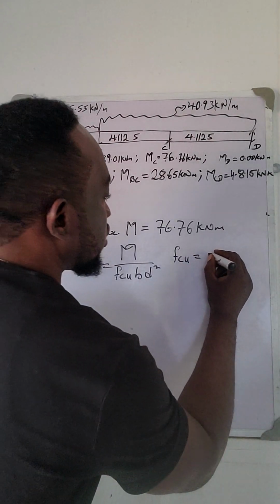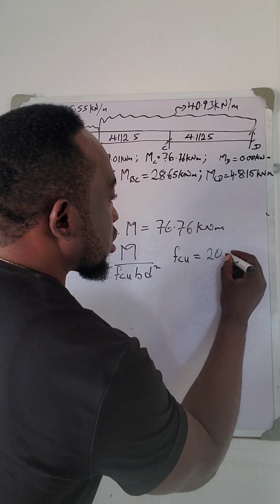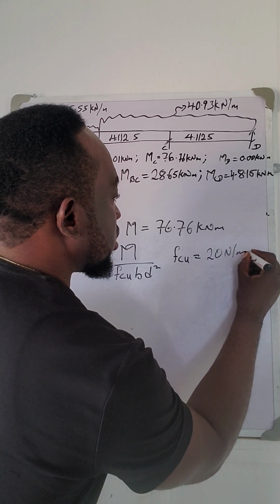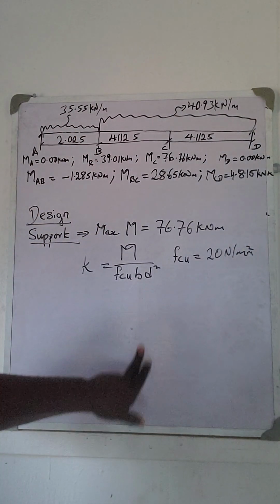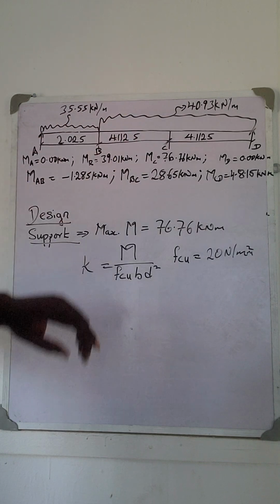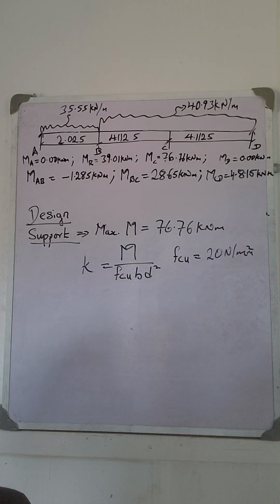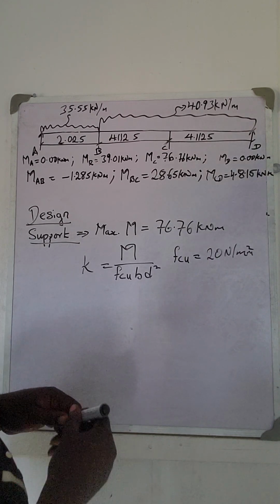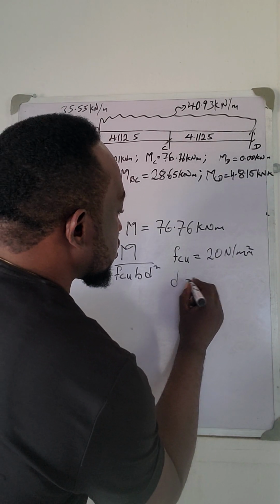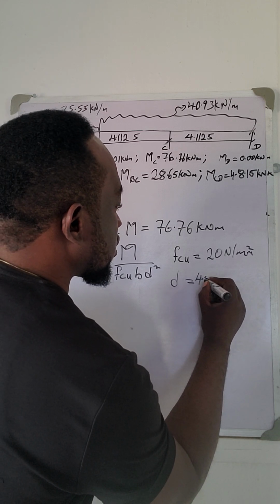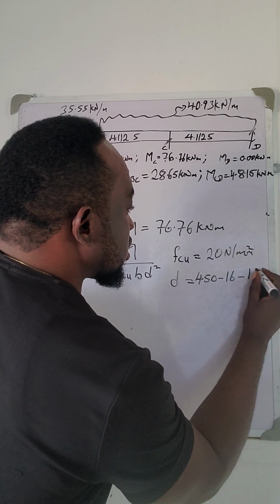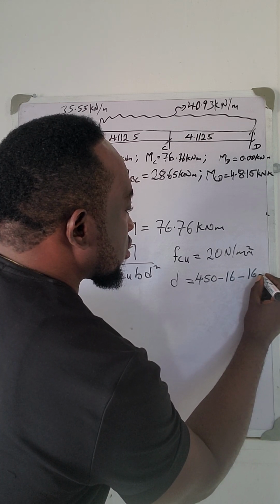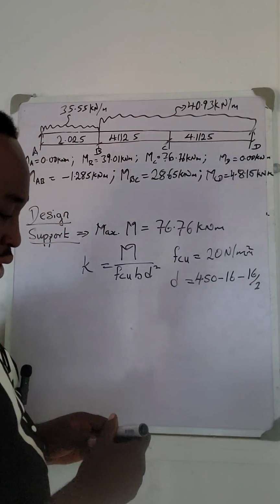We are using 20 Newton per millimeter square. And here our beam, we are taking the depth to be 450. The d is equal to 450 minus 16 over 2, in case maybe.